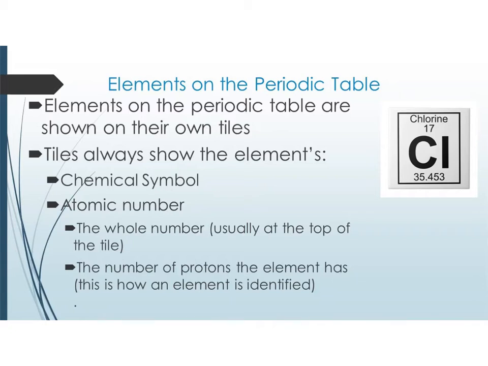The symbol we already spoke about, and the atomic number is, in case you get confused, the whole number usually at the top. No decimal place, atomic number. That is how we identify the element. So we don't identify the element by its name. We don't identify the element by its symbol. We identify it by its atomic number.